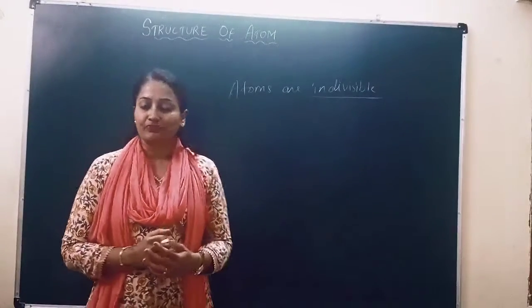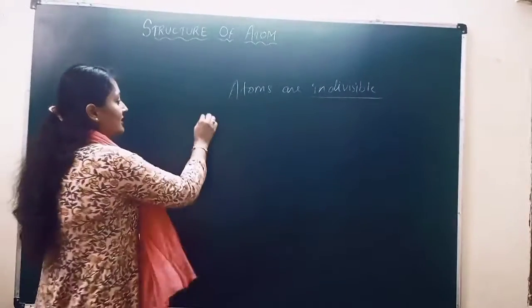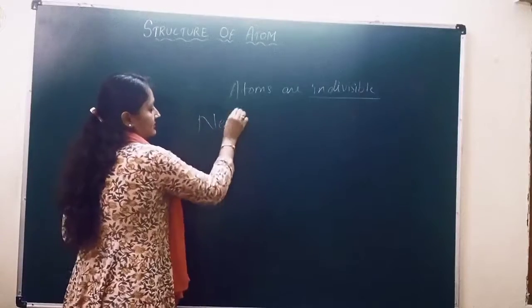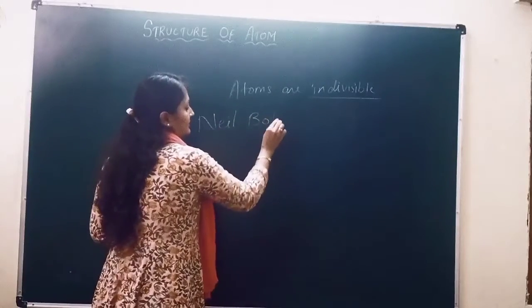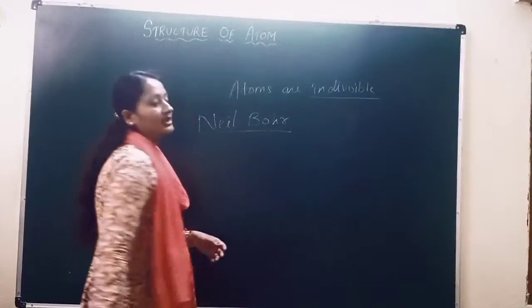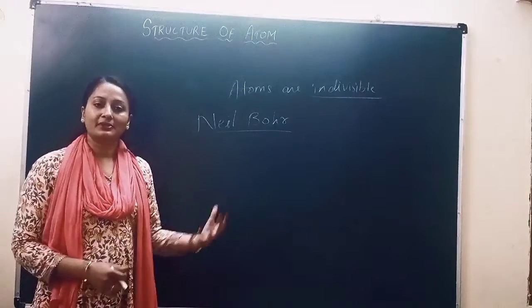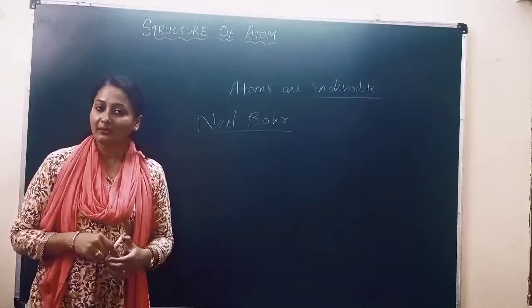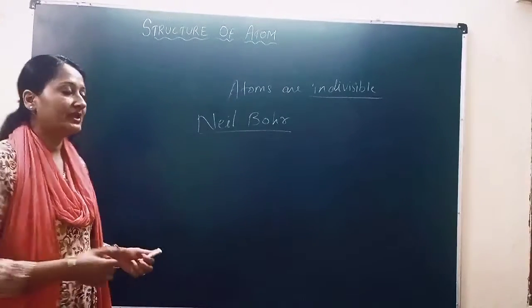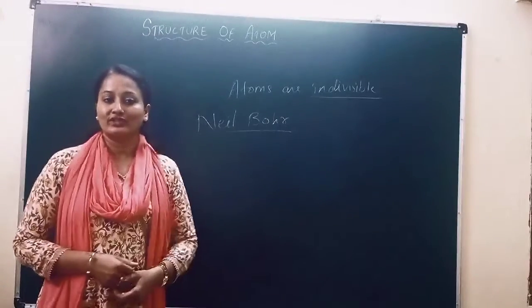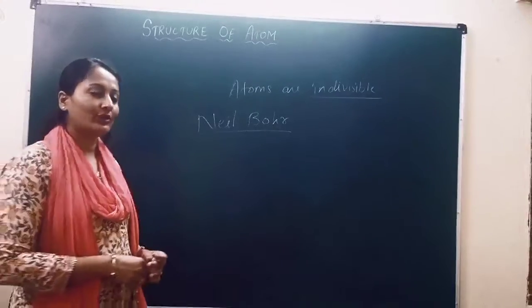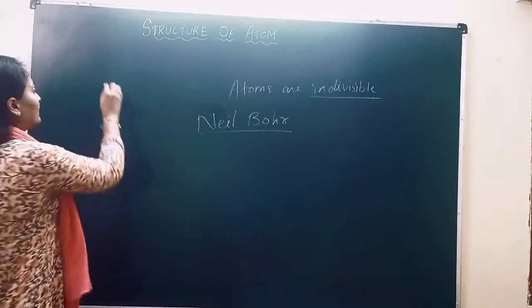This theory was given by Sir Niels Bohr in 1913. This is the most acceptable theory which we are using at present also. So let's begin with the postulates of this theory. In today's class we are going to discuss the main postulates of Bohr's model of an atom.